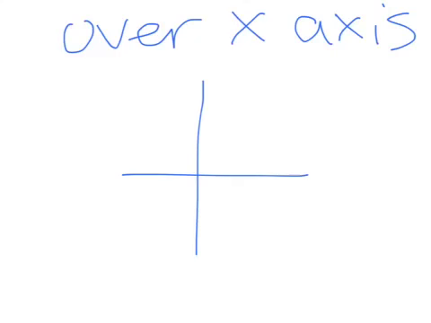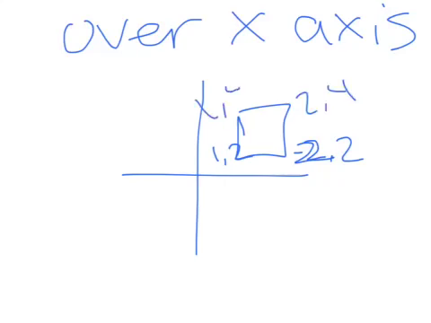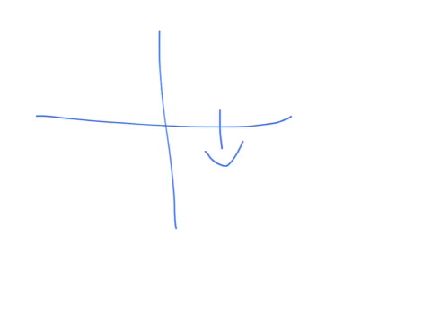Over the x-axis: if we had a square right here with coordinates 1, 2, negative 2, 2, 2, 4, and 1, 4, and you wanted to flip it over to the other side. If you're flipping it over the x-axis, you're flipping the sign of the y, but the x is not changing.